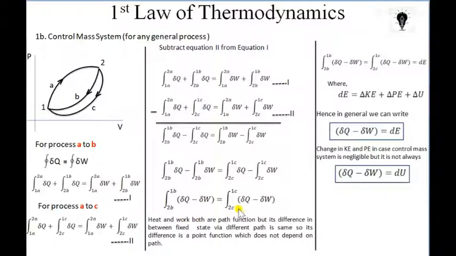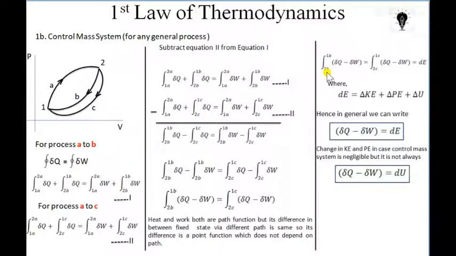Okay, so that term we need to indicate by another term, like total energy. We express their subtraction as dE.